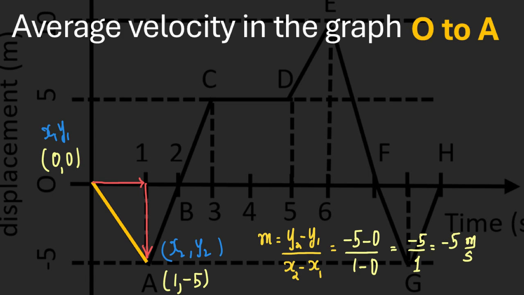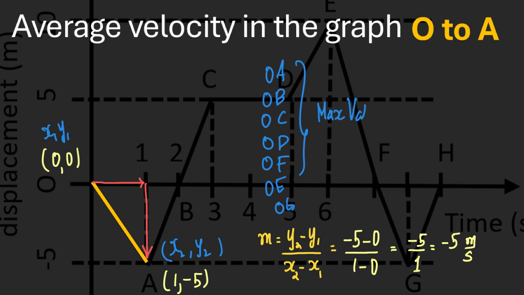Which paths here, like O to A, O to B, OC, OD, OF, or maybe the complete set of paths, including OE and OG, which among these would give you the maximum value of average velocity? Okay, so that's the question here. Think of it.